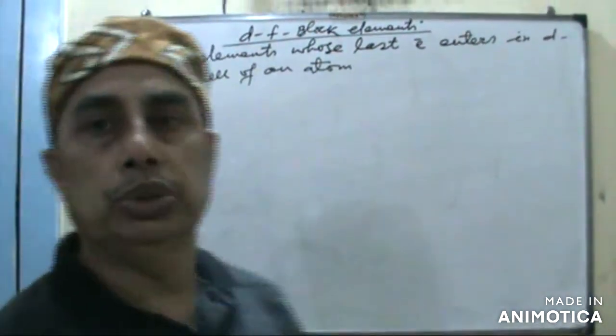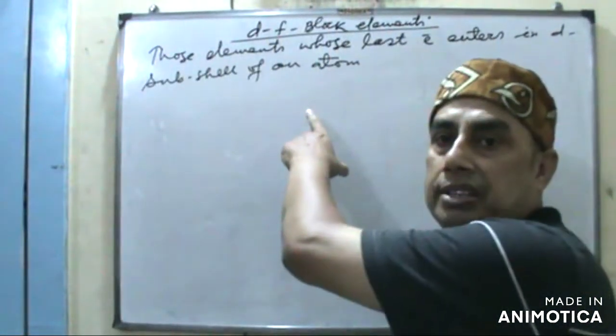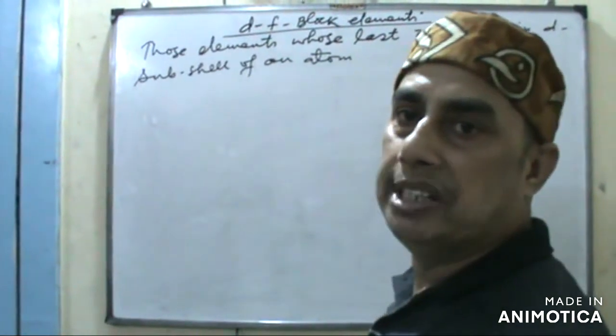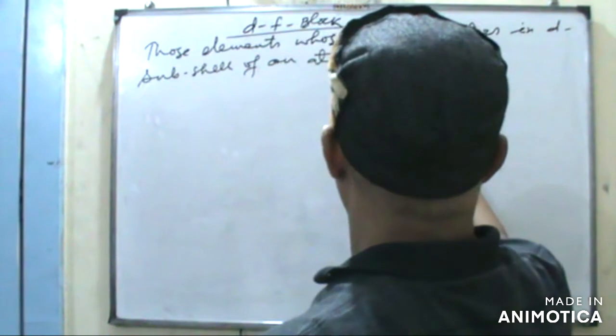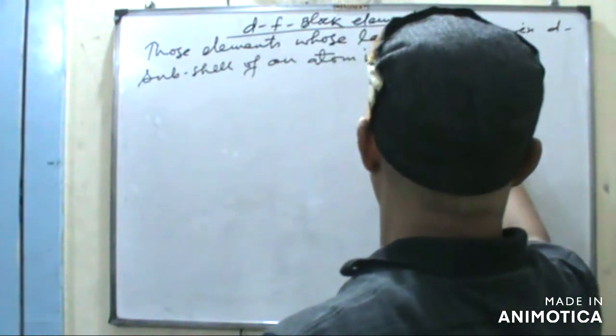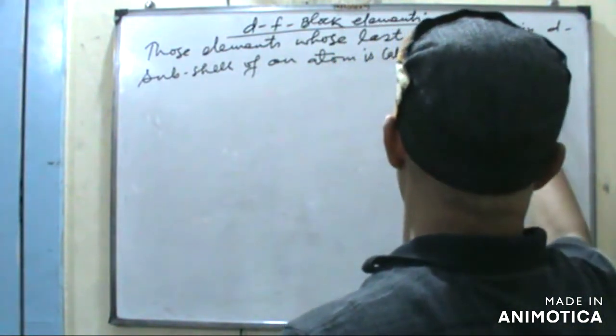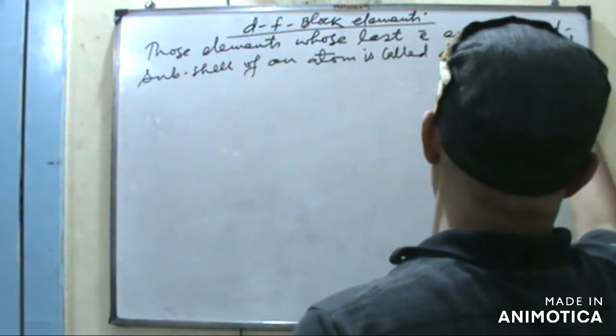Those elements whose last electron enters in D subshell of an atom are called D block elements.